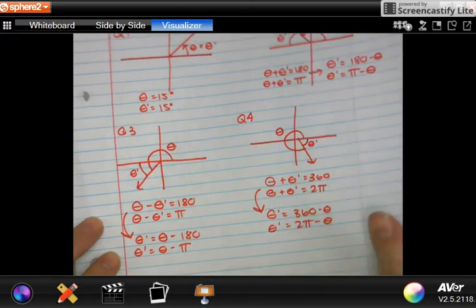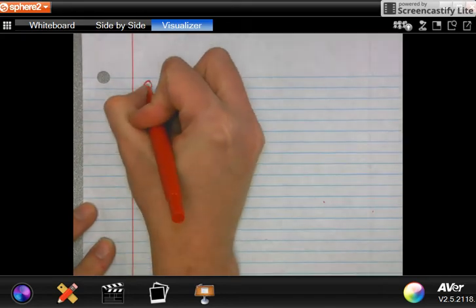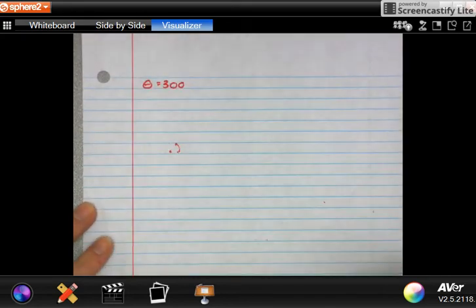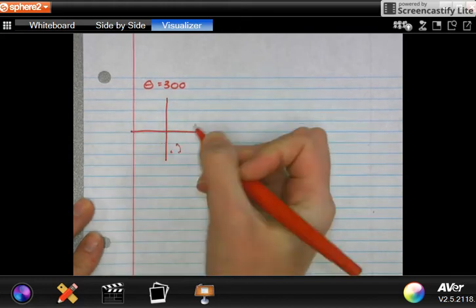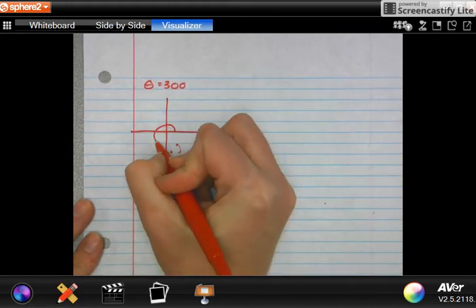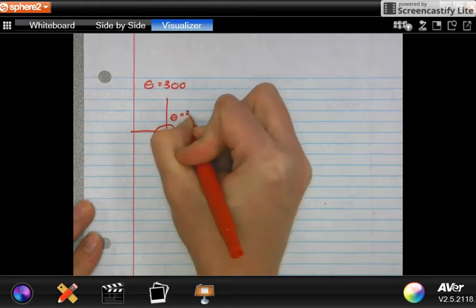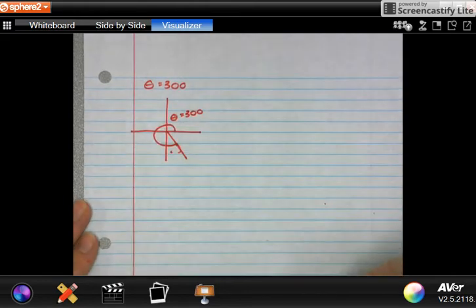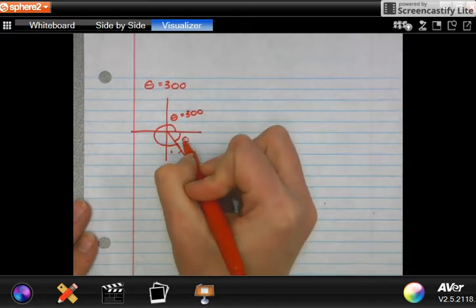So let's see a couple of examples. If I said theta is 300, let's find its reference angle. The first thing you should do is sketch 300. I know that 300 is in quadrant 4. So that's theta being equal to 300, and the reference angle is this one.